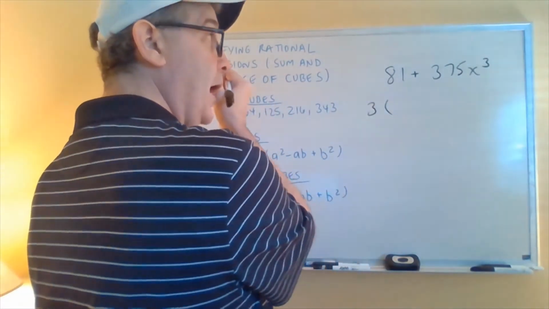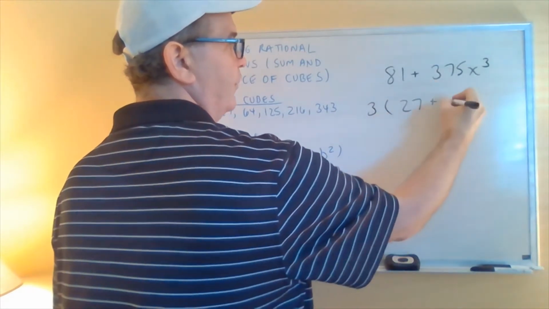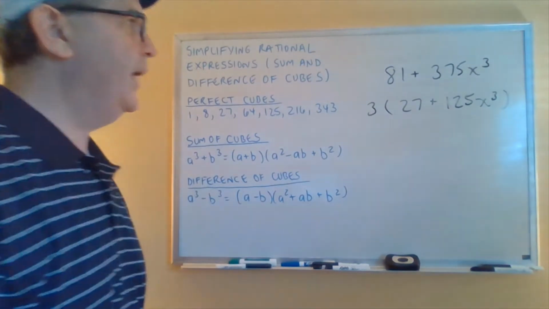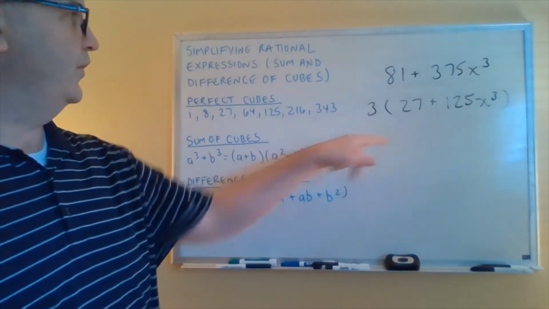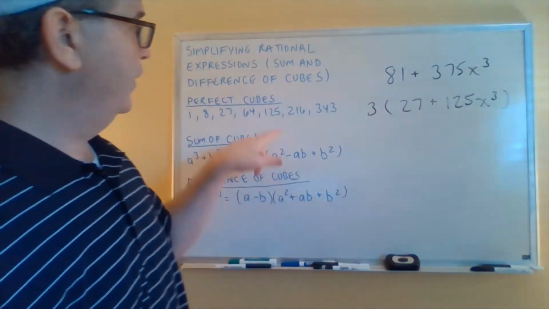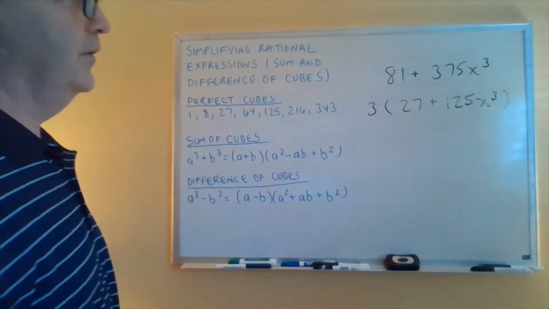So when we pull 3 out of these, 81 divided by 3 is 27. 375 divided by 3 is 125x cubed. So when we pull that common factor of 3 out, we're left with 27, which is on our list of perfect cubes, 125, which is also on our list of perfect cubes, and of course x cubed is a perfect cube.